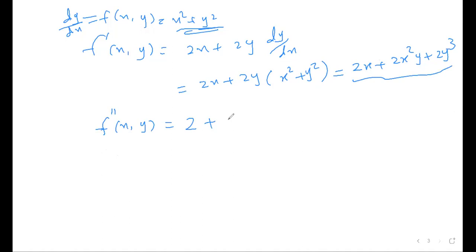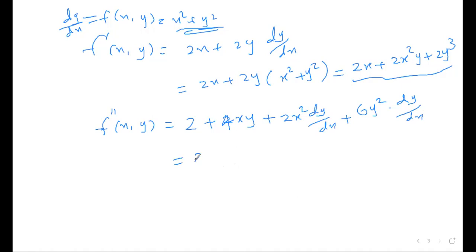Again, it's like a UV form. First, I'm going to take 4xy, plus, please do it yourself and check my answer, then 2x squared dy over dx, and again 6y squared dy over dx.